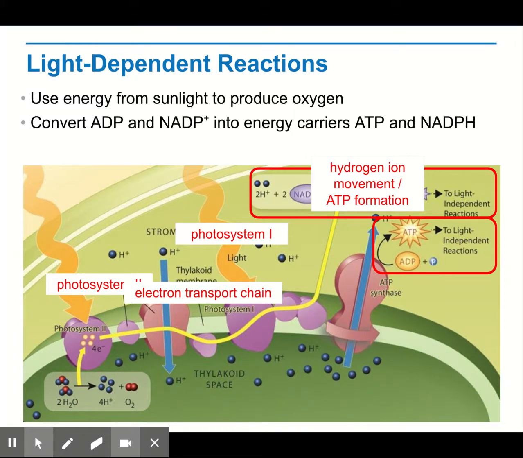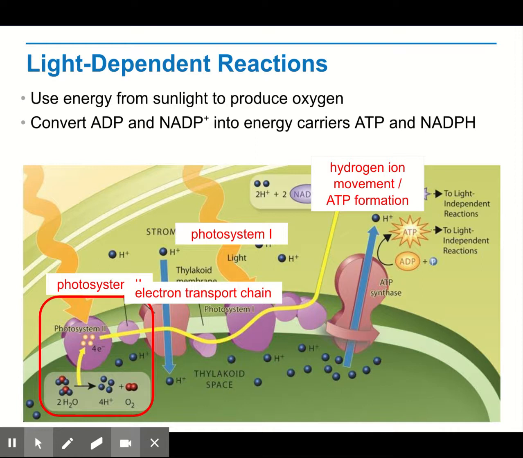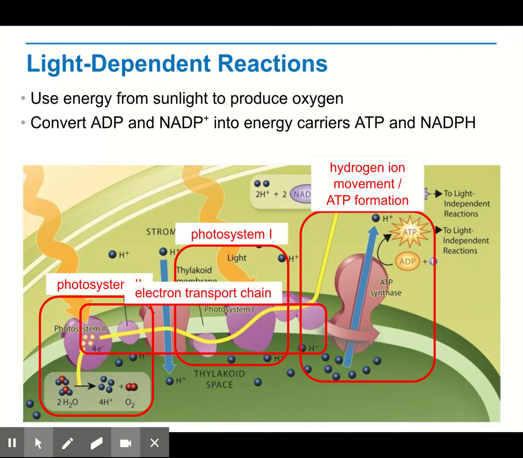There are 4 different steps to the light-dependent reactions. The first one is photosystem 2, followed by the electron transport chain, followed by photosystem 1. And then lastly, we have the hydrogen ion movement and ATP formation.